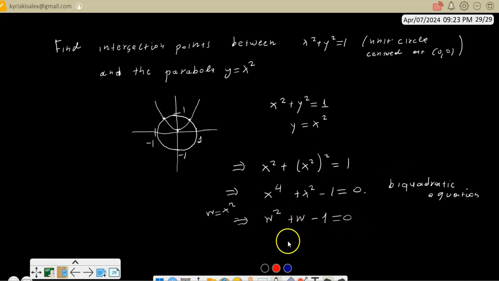This is a quadratic equation, and the variable is w. We find the discriminant, 1 squared plus 4.